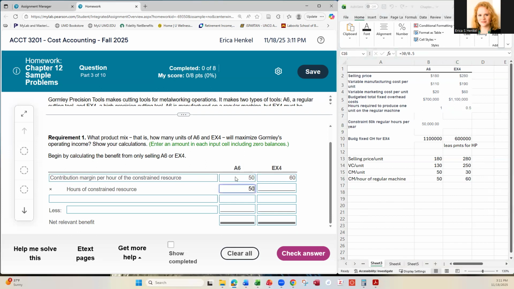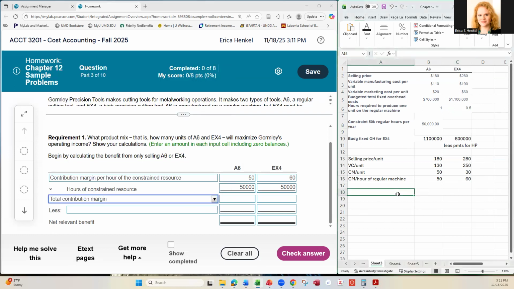And then we have 50,000 hours total for these constrained resources. So we're going to figure out what the total contribution margin would be if we did nothing but make these machines. I'll just do this with a formula.